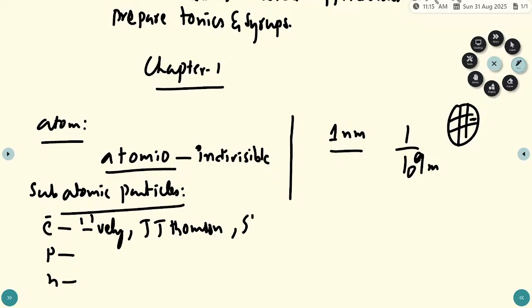The scientist Stoney named the electron. From where? The cathode rays experiment, the J.J. Thomson discovered the electrons. Cathode rays experiment entadi?